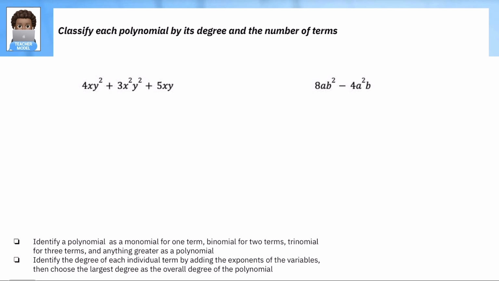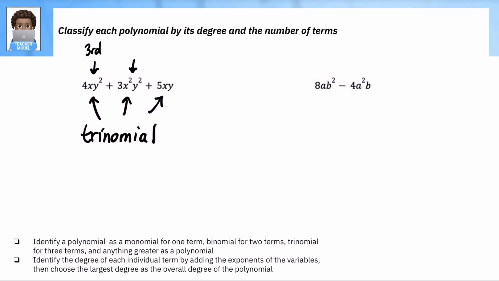Let's classify this. All right, so looking at the first one, I have 3 terms. So this is definitely a trinomial. And let's look at the degrees. So here on the first one, remember that x doesn't have anything, so it has an invisible 1. So that would be a third degree.